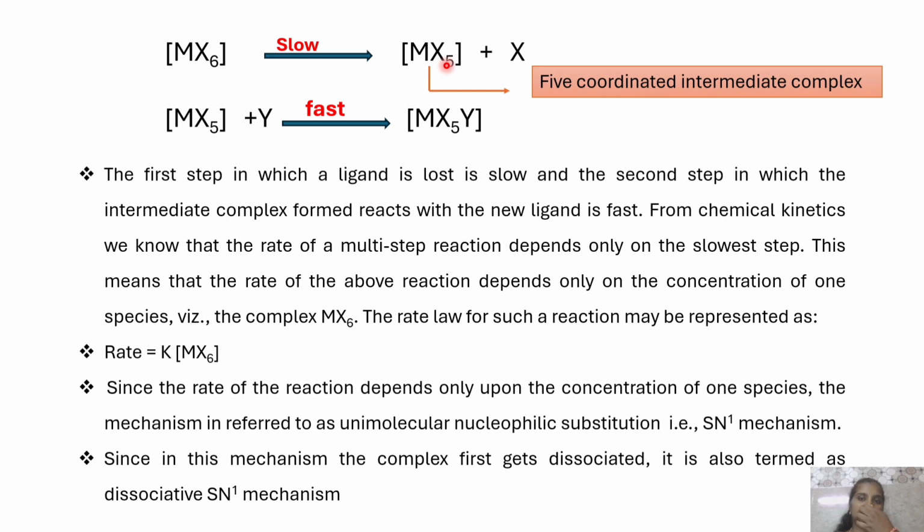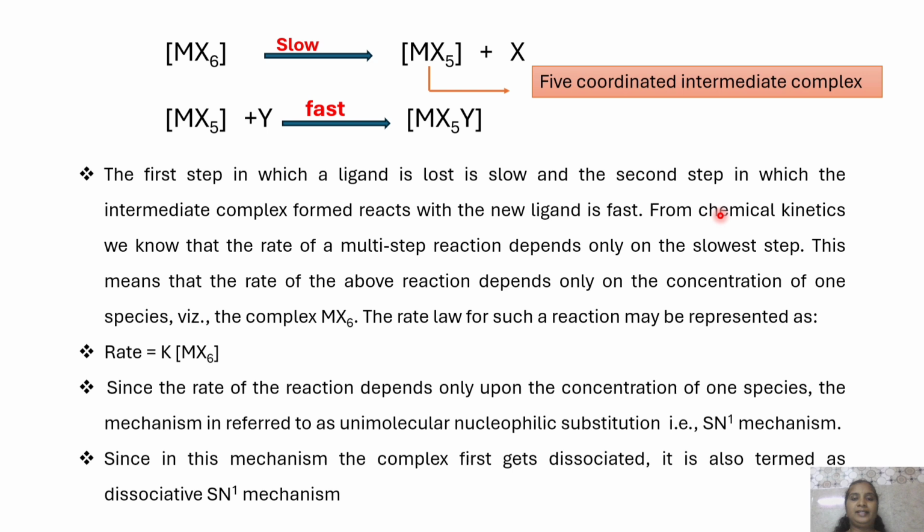To this loss of ligand, the complex formed here is a five coordinated intermediate complex. To this five coordinated intermediate complex, attack of another ligand Y takes place with the formation of the new complex. The first step is the slow step. The second step is the somewhat faster step.